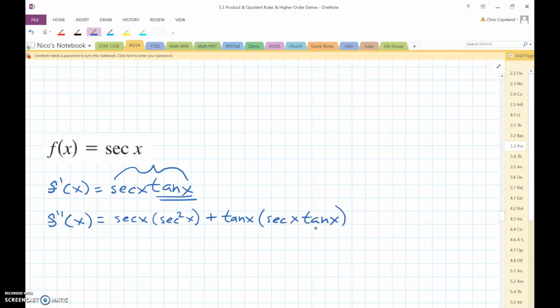So it's going to look like this. And then we can simplify this. We can make this secant cubed of x plus secant x tangent squared x.